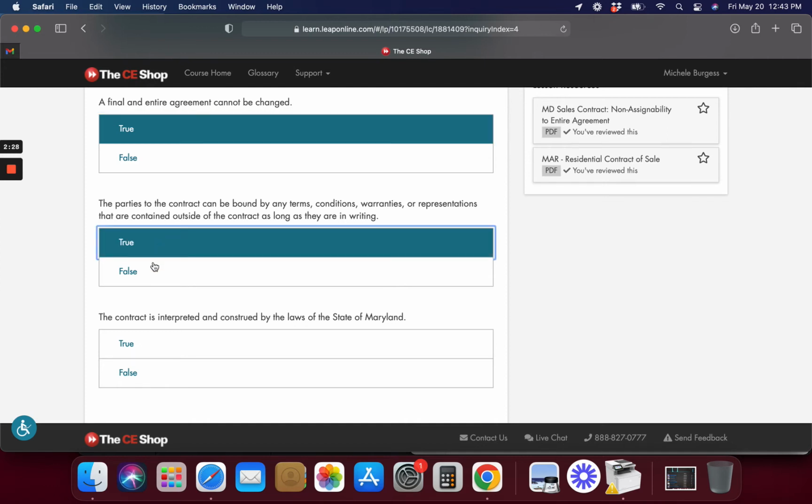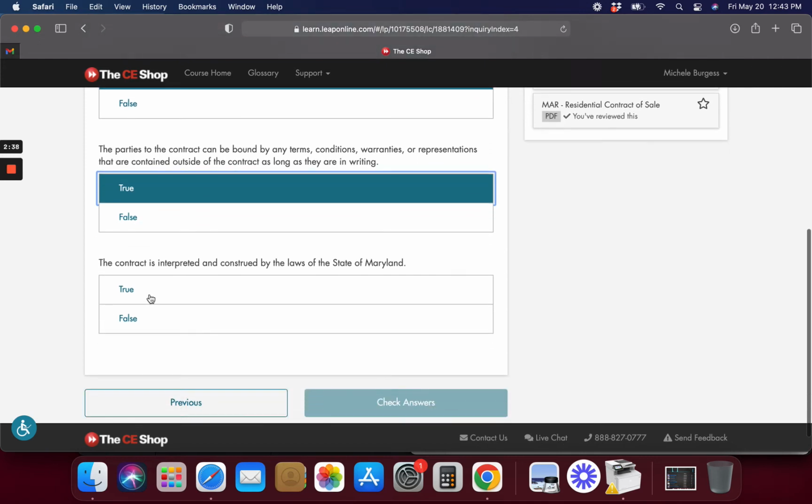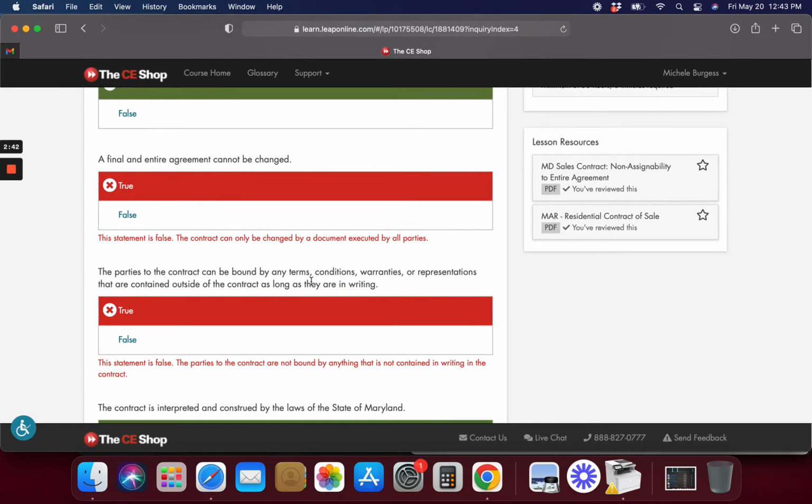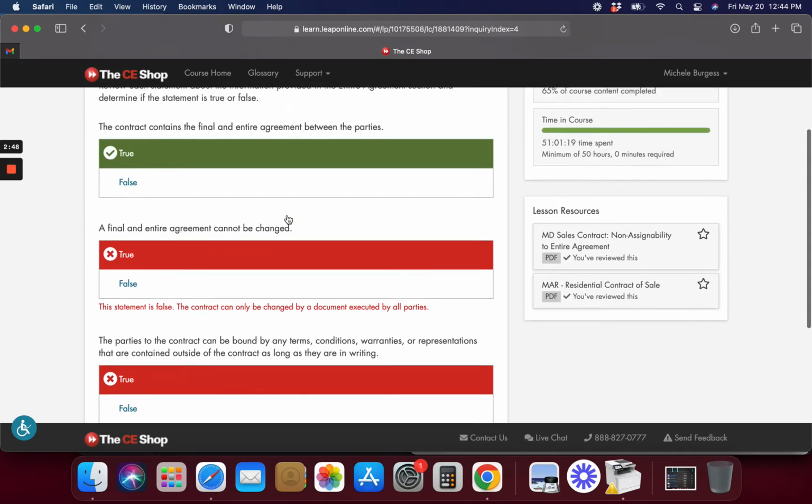That doesn't make any sense. Let me read that again. The parties to the contract can be bound by any terms, conditions, warranties, representations that are contained outside the contract, as long as they're in writing, yes. And yes, it's bound by your laws. Okay, that is not true. The parties to the contract are not bound by anything, and the final agreement can be changed.